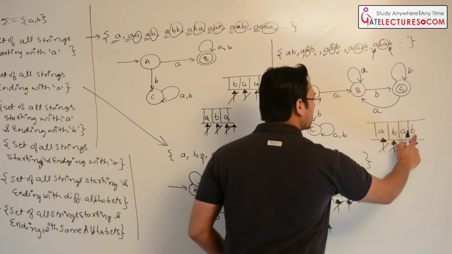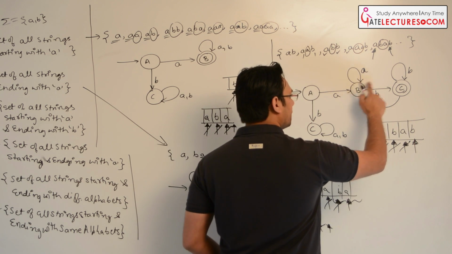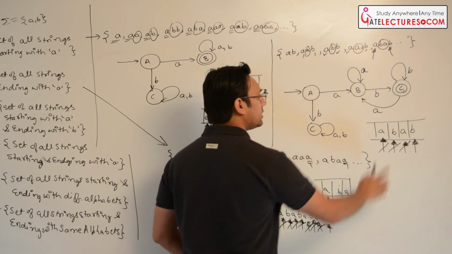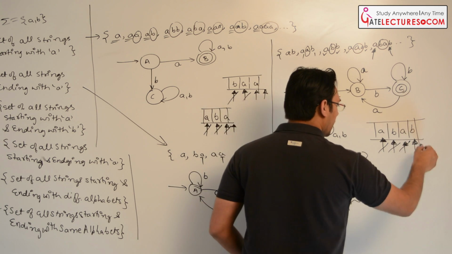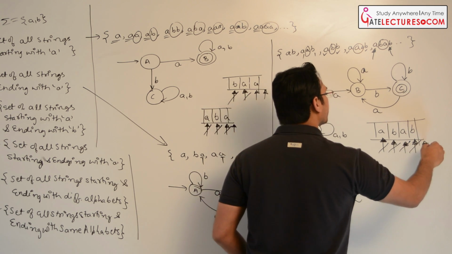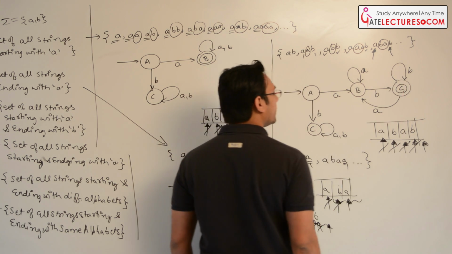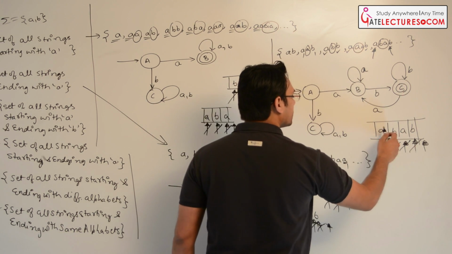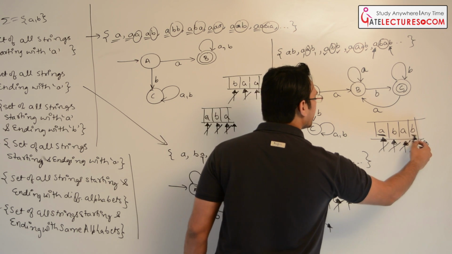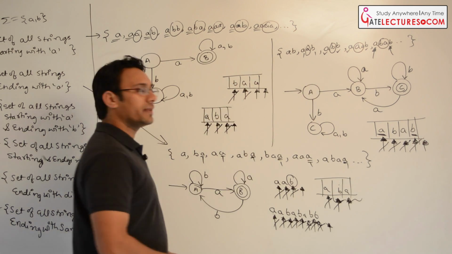Therefore, after reading this B, we are going from state B to state C, and state C is the final state. Now, after reading the complete string, we found out that we are at a final state, hence this string is accepted. Therefore, the string is starting with A and ending with B.